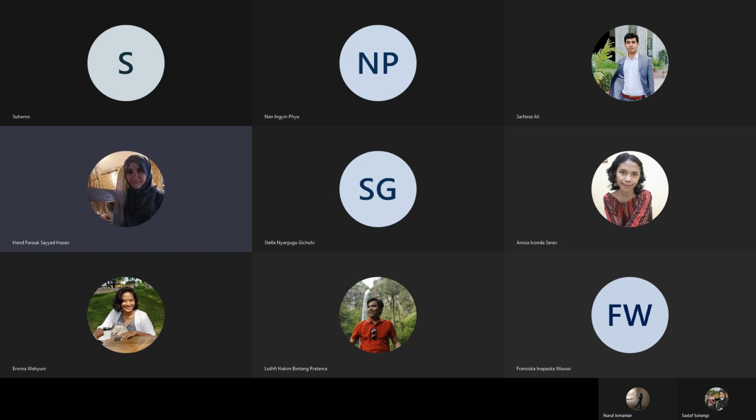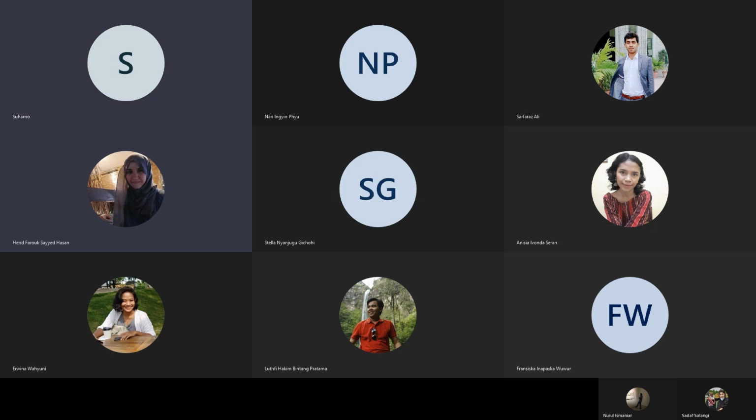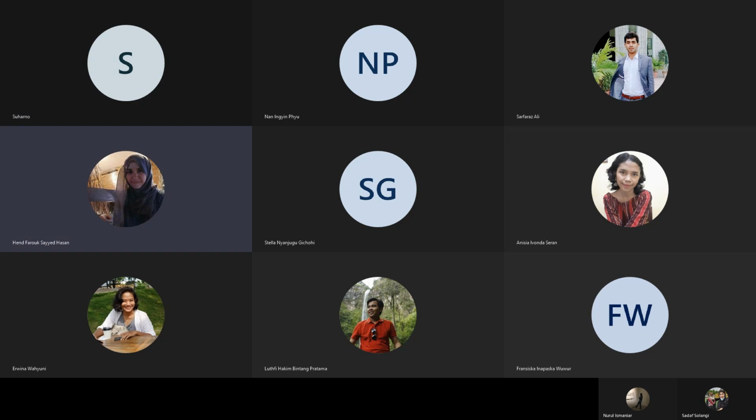For example, Indonesian, English, and Arabic, even German and Spanish, all share the same structure: subject, verb, then comes the object at the end of the sentence. Not like Turkish, not like Hindi, not like Urdu, not like Japanese, not like Korean. They share the same structure: the subject, then the verb comes at the end of the sentence.